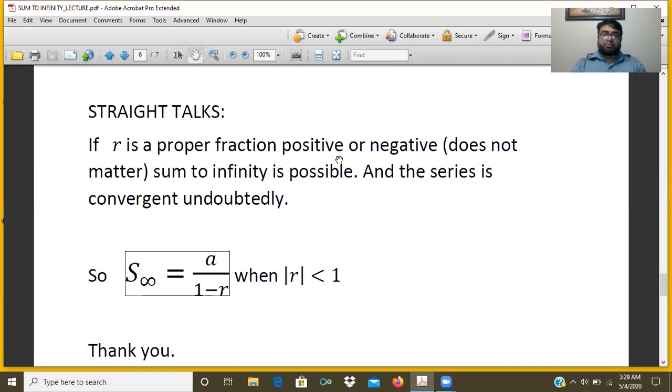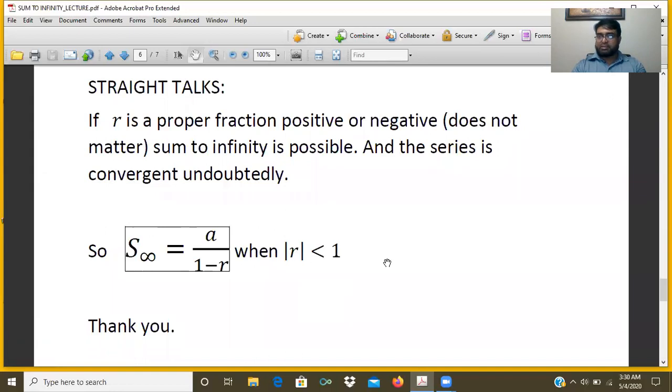If it is positive or negative doesn't matter, but if it is a proper fraction, then your series is obviously a convergent series and sum to infinity is possible, because if you put the power n on it, r to the power n will always give you 0. So the sum to infinity formula would always be a by 1 minus r.